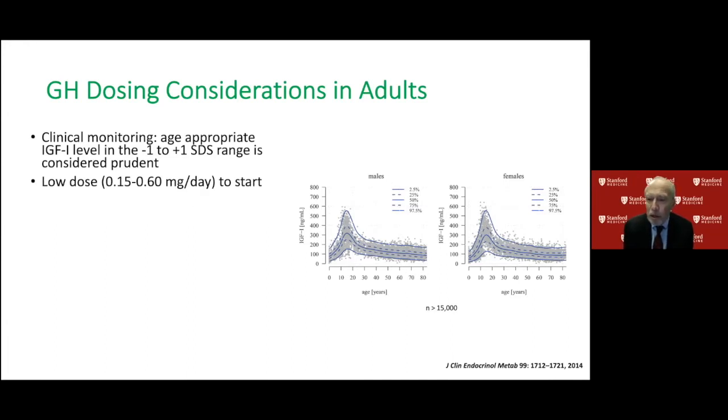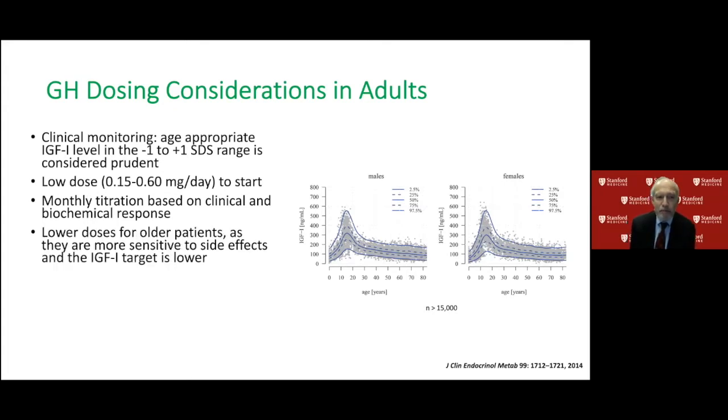We start with a low dose, in general, on the order of 0.15 milligrams in middle-aged to older individuals. Sometimes we'll go as high as 0.6 milligrams per day in young women, especially those who are taking oral estrogens. We can then titrate the dose of growth hormone based on their clinical and biochemical responses.